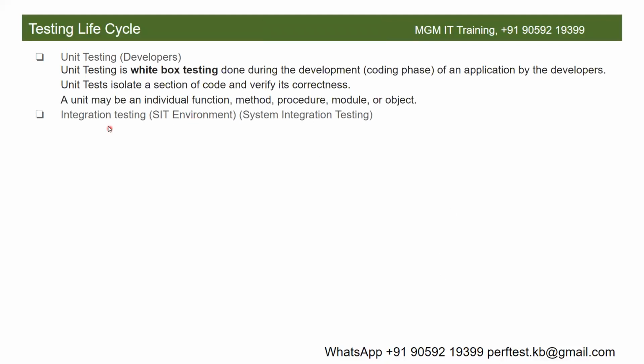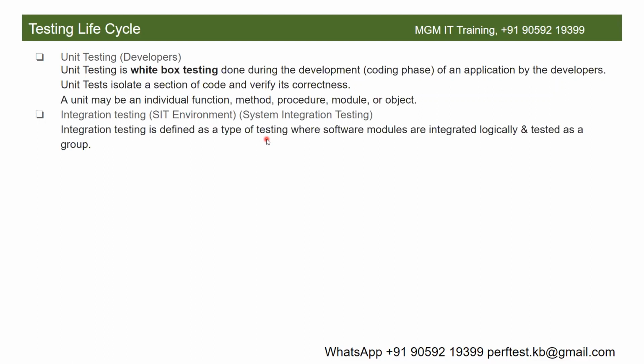Integration testing is defined as a type of testing where software modules are integrated logically, combined logically, and tested as a group. First, developers write one piece of code and test that as part of unit testing.